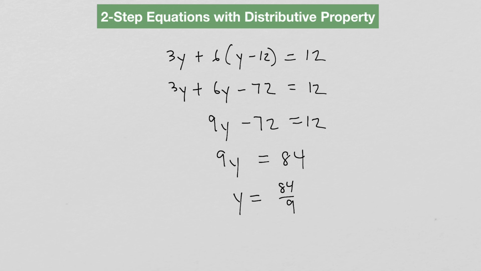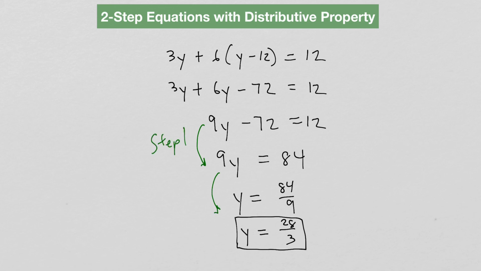This fraction can be reduced by taking out a factor of 3 and we get y is equal to 28 over 3. That becomes our answer. And the two-step process is right here: step 1, step 2.